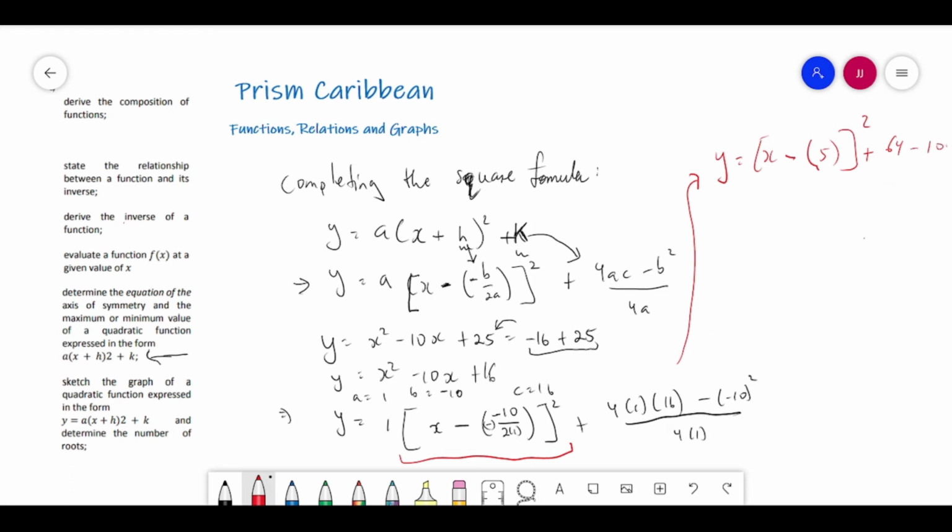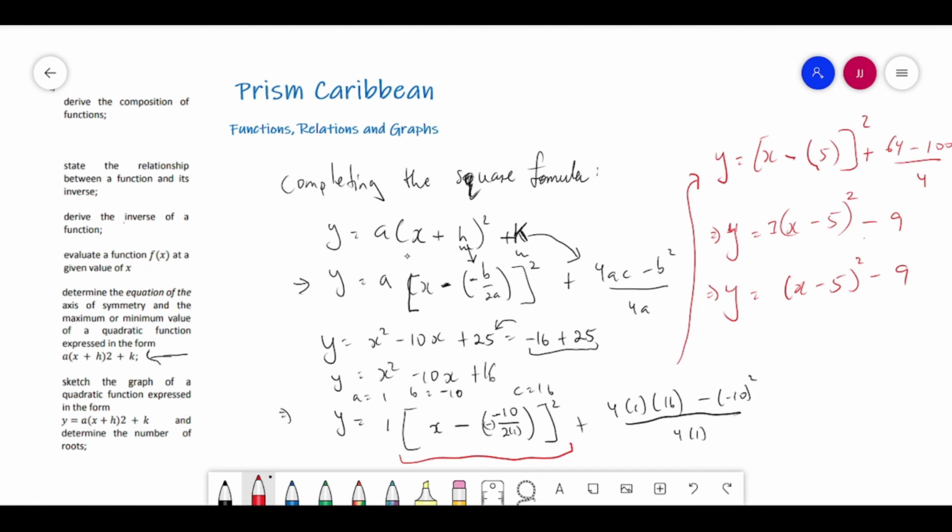Minus 100 all over 4, which should imply y is equal to x minus 5 all square. We can put a 1 if we want, plus 64 minus 100, which is equal to negative 36 divided by 4, which will give us negative 9. And that's it. So we have y is equal to x minus 5 all square minus 9.